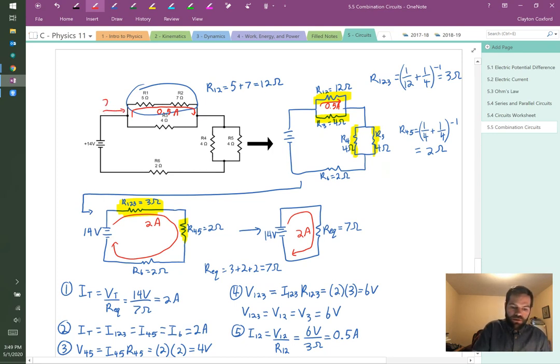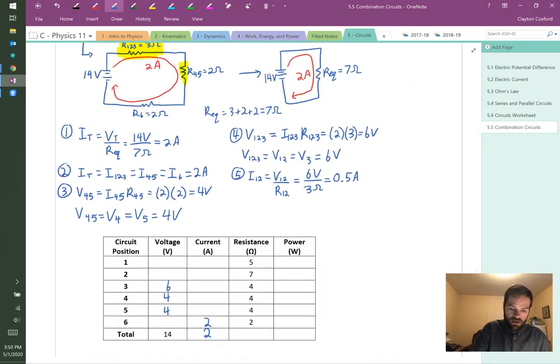2 amps flows here into this junction. We now know that 0.5 amps flows up and around, and then you could probably figure this out, 1.5 amps is going to flow down here. We'll confirm that using Ohm's law shortly. But knowing that 0.5 amps flows through this top branch, that means 0.5 amps flows through R1 and 0.5 amps flows through R2.